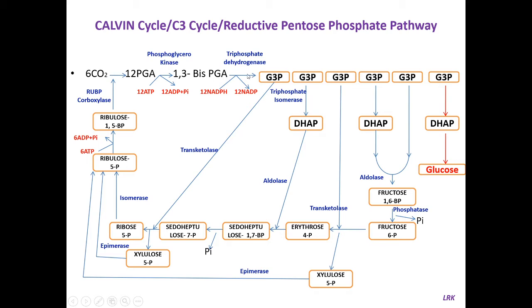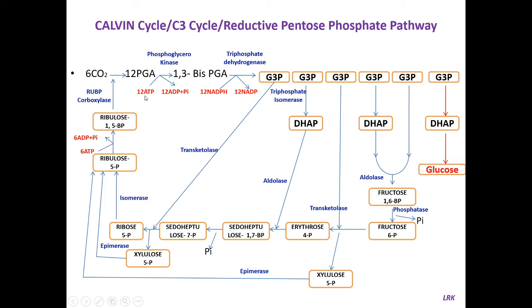But before changing into aldehyde, it first undergoes phosphorylation. It takes place in the presence of ATP and phosphoglycerokinase. This PGA, phosphoglyceric acid, forms 1,3-bisphosphoglyceric acid. Okay, that is, phosphorylation of PGA takes place before its reduction.